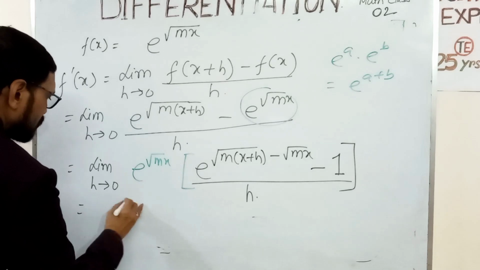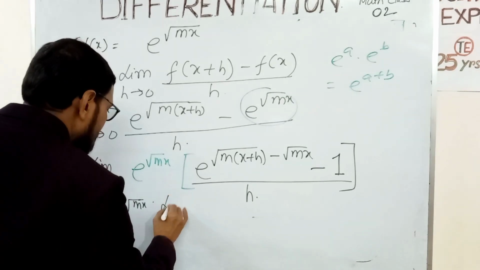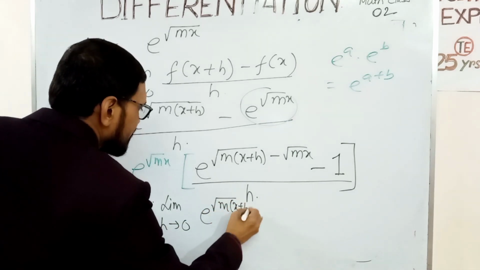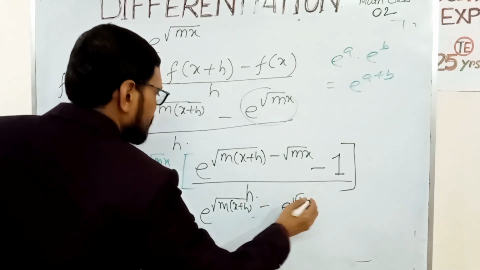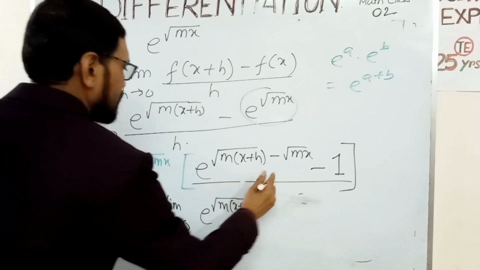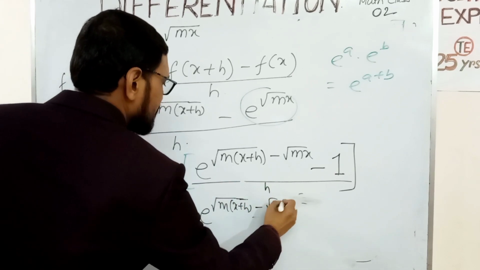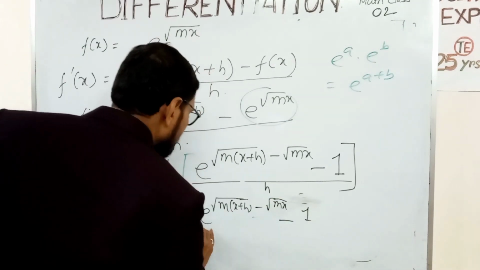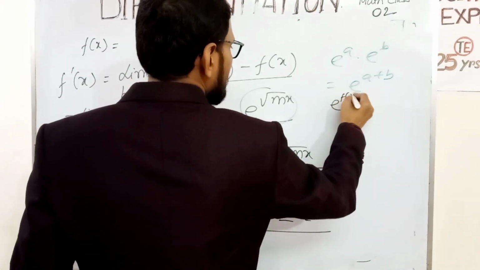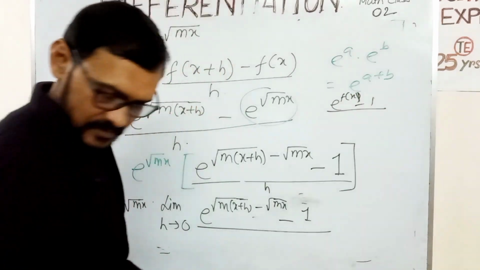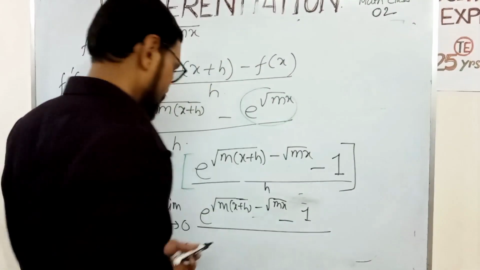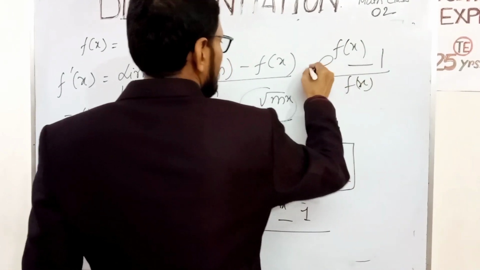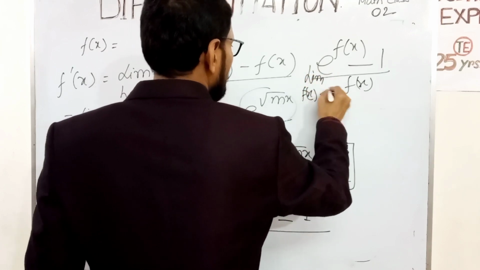So now this equals root over mx into limit h tends to 0 of e to the power root over m of x plus h minus root over mx, minus 1, by... we know the formula: e to the power fx minus 1 by fx, limit fx tends to 0, equals 1.